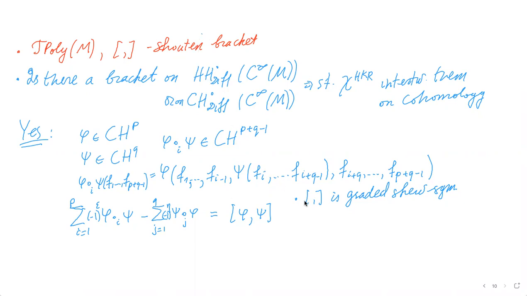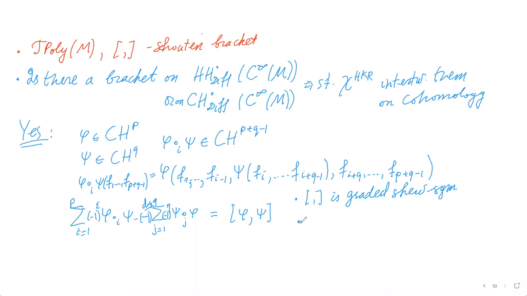Okay, so this is graded skew-symmetric. Graded skew-symmetricity comes very naturally from this minus sign, which is again, well, I just use minus, but in fact it should be minus 1 to the power of some degree. So this minus sign actually ensures this graded skew-symmetricity without any problem.